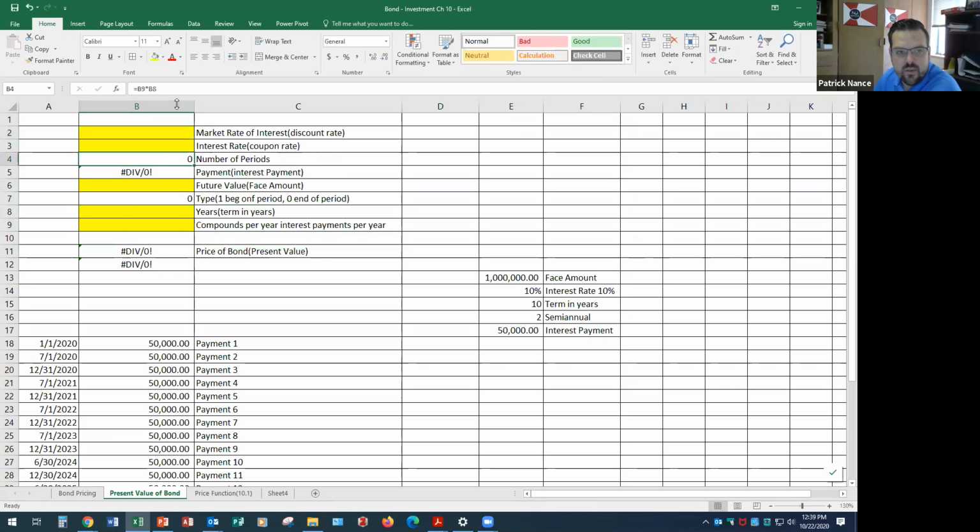Now, what I did here is I took the number of periods and I took the years and compounds per year and multiplied them. So that's a calculation. For the payment, I took the interest rate times the face amount divided by the number of compounds per year to figure out how much the interest payment was individually. The future value, I'm not calculating, I put that in. I put a 0 for the type because all the bonds we're doing would be a 0.